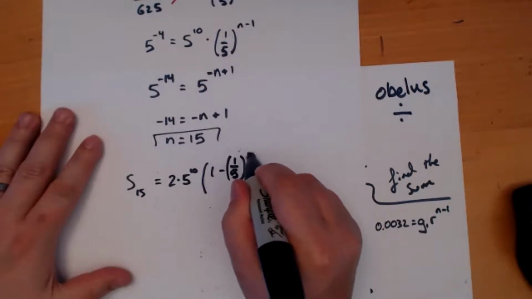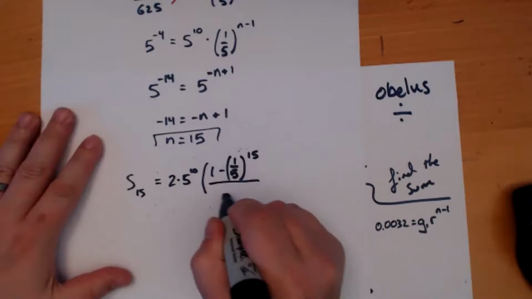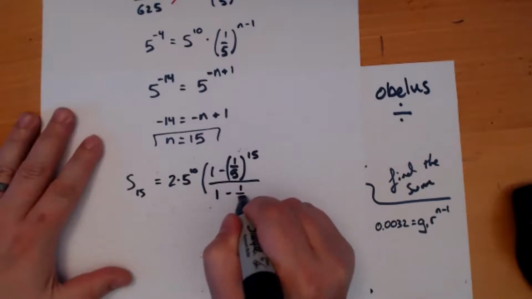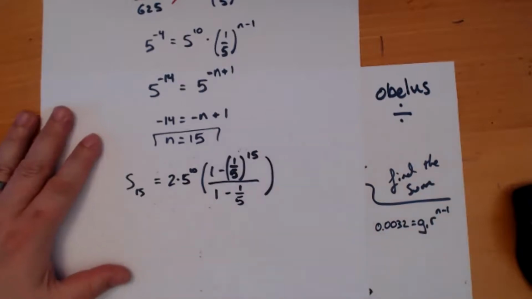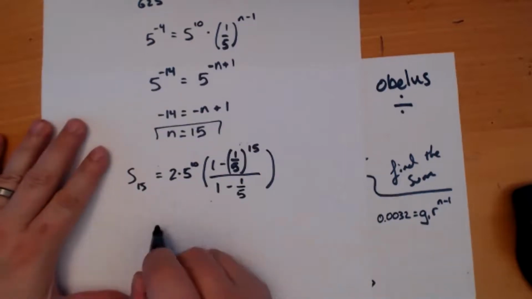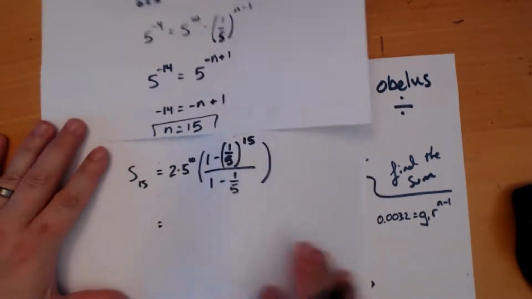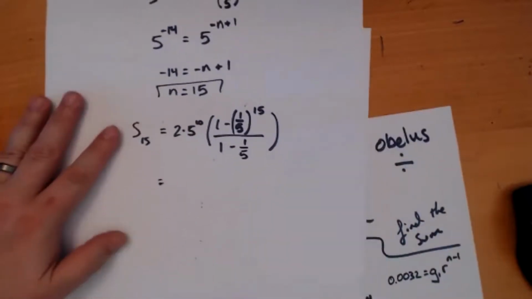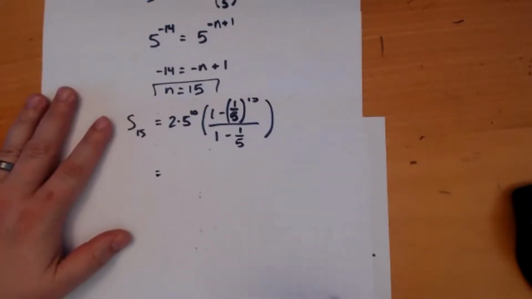N is 15. Now let's simplify. I mean, yes, you could probably put it into a calculator, but it's just as easy to do it by hand.